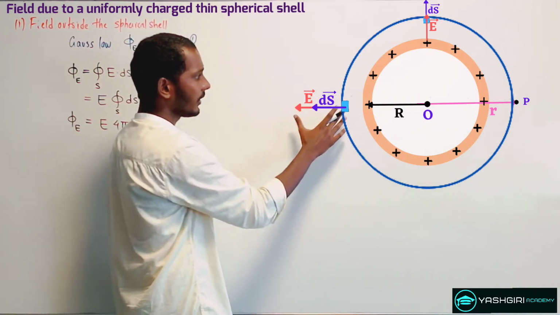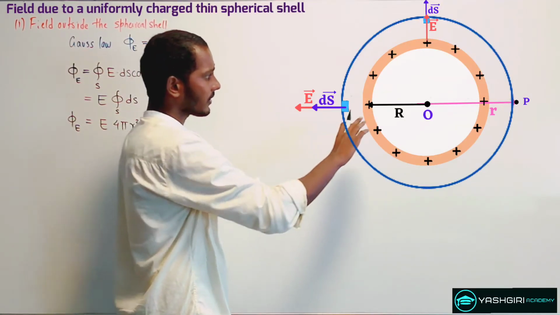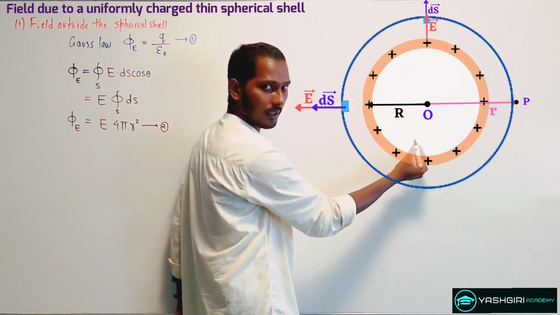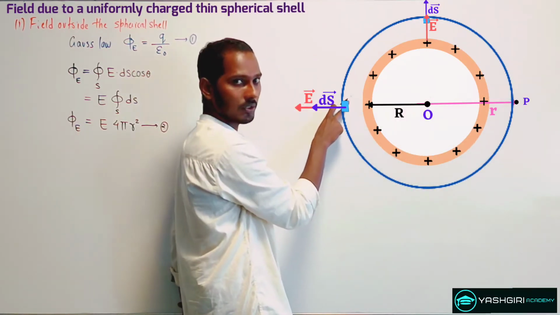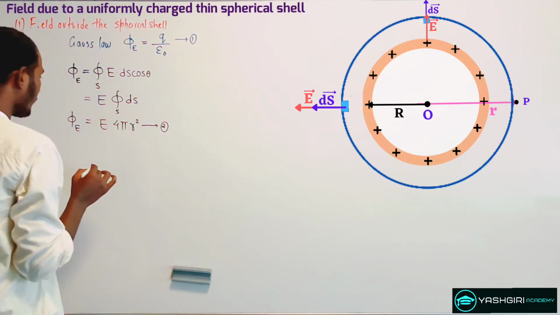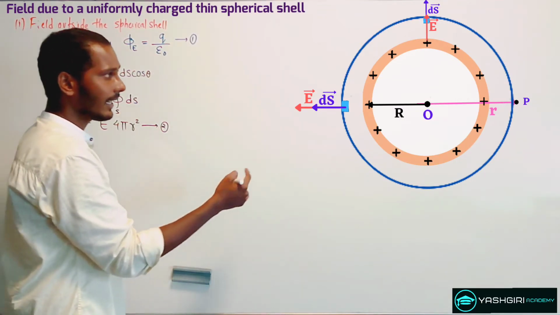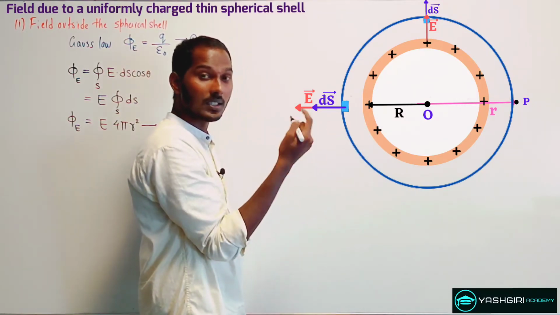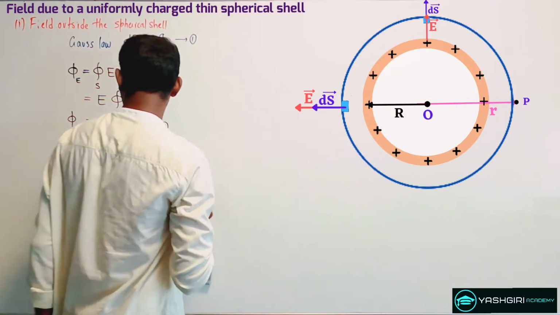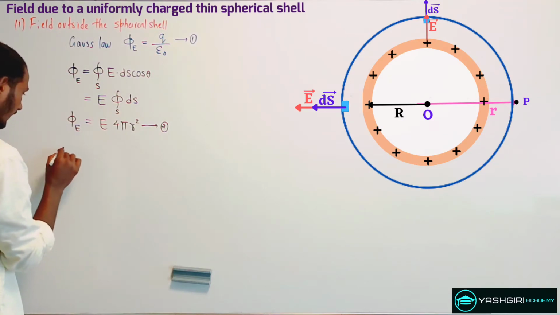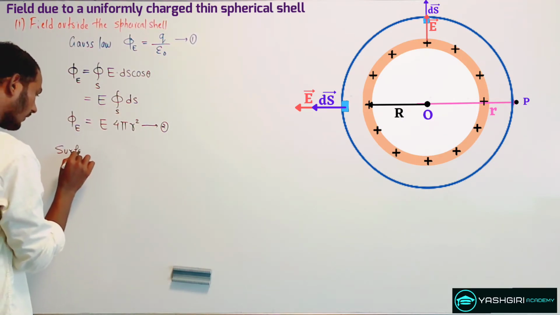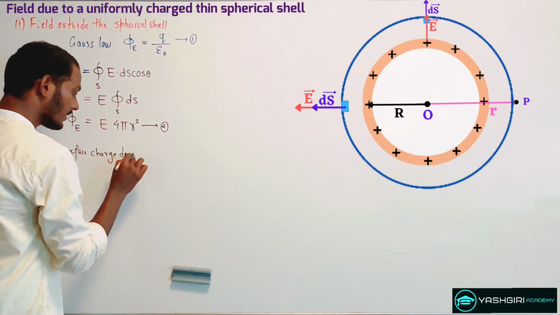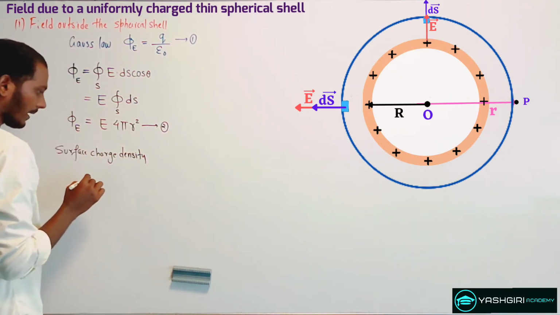Or else here this charge Q is available on the thin spherical shell, which is enclosed by this Gaussian surface. What we know is that this thin spherical shell has a uniform surface charge density, which is nothing but my sigma.